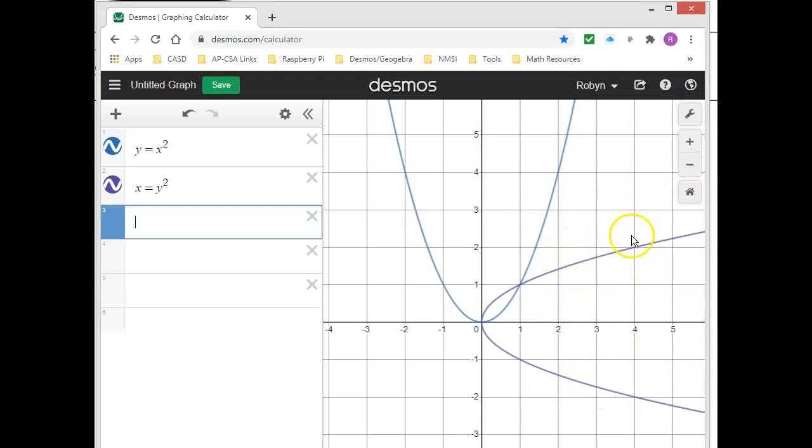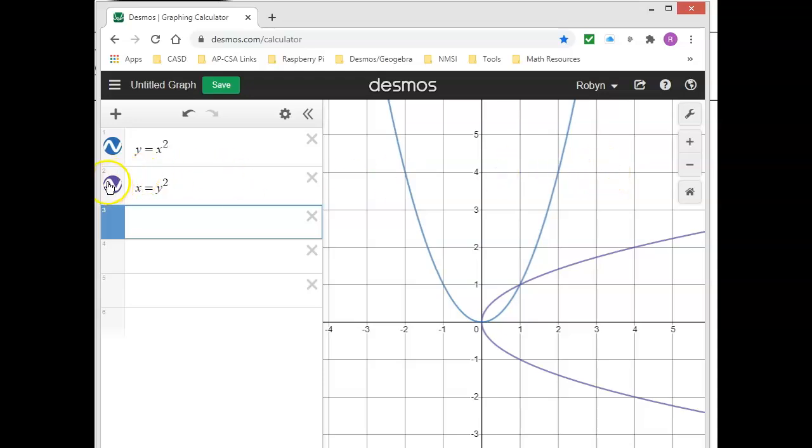Now, if you can visualize from this picture that the inverse failing the vertical line test would happen if you thought about drawing a horizontal line through the original graph.